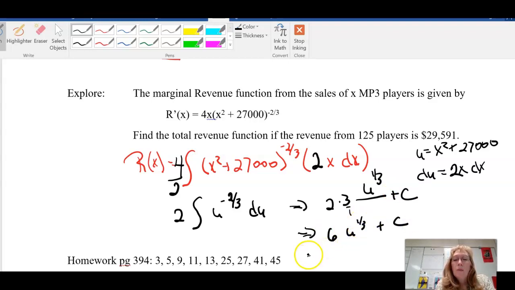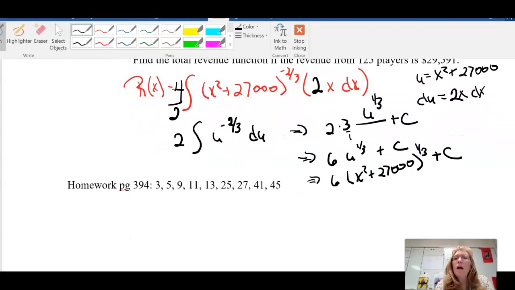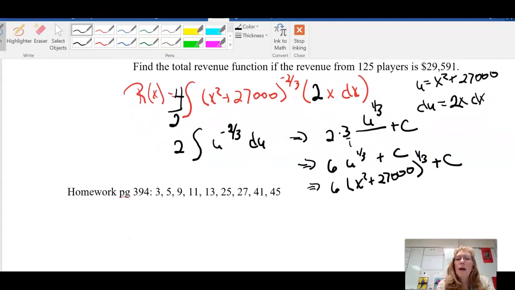And we know that u is x squared plus 27,000, so we're going to do 6 times x squared plus 27,000 to the 1/3 power plus c. We have the equation, but we still have to plug in the 125 and the 29,591.